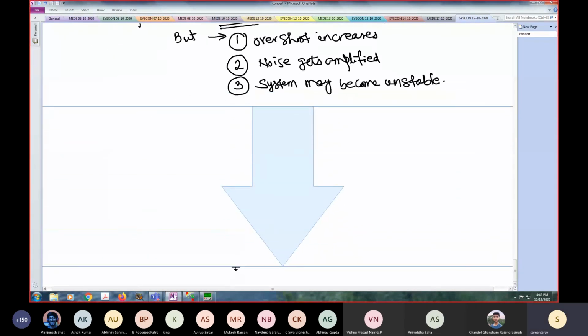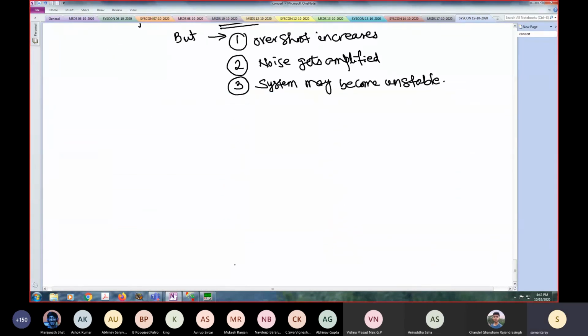Whatever controller we have used so far is a proportional controller. Kp is the proportional gain. We add two more things.